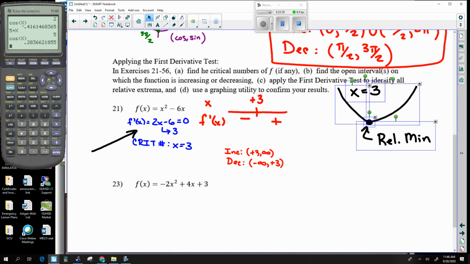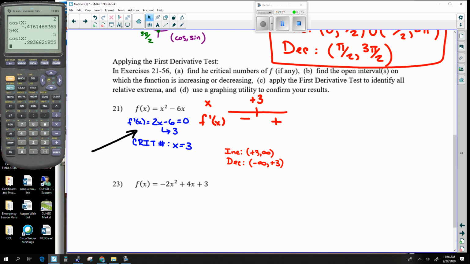All right, so use the first derivative test to identify all relative extrema. I know that's a minimum. Now all that's left is to identify what is the actual point. So what is the y-coordinate of that? Here I go back all the way to my original equation, and I see that x squared minus 6x is equal to -9.